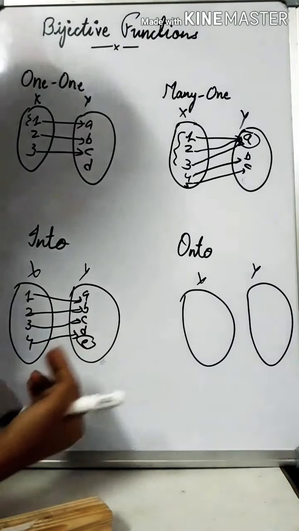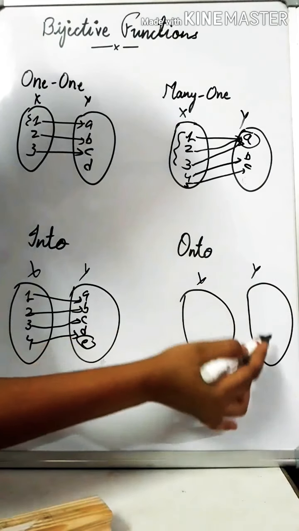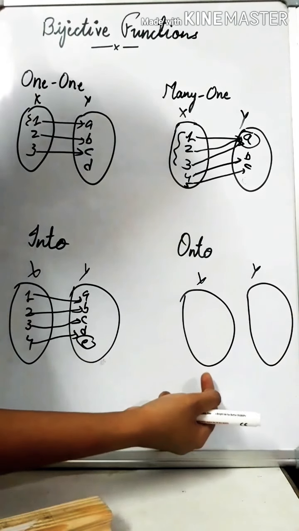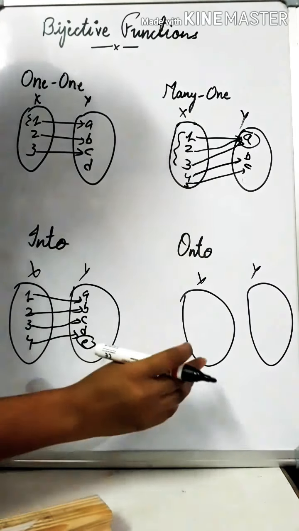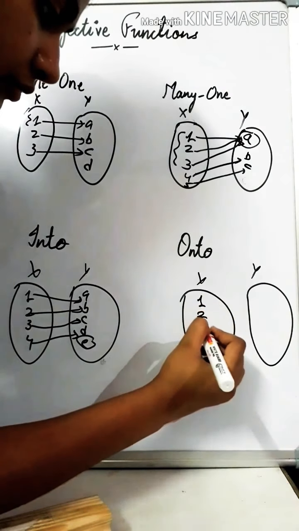But when all the elements have a pre-image, no element in the codomain is left that does not have a pre-image in the domain, then that kind of function is an onto function. Suppose it's like 1 2 3 4.